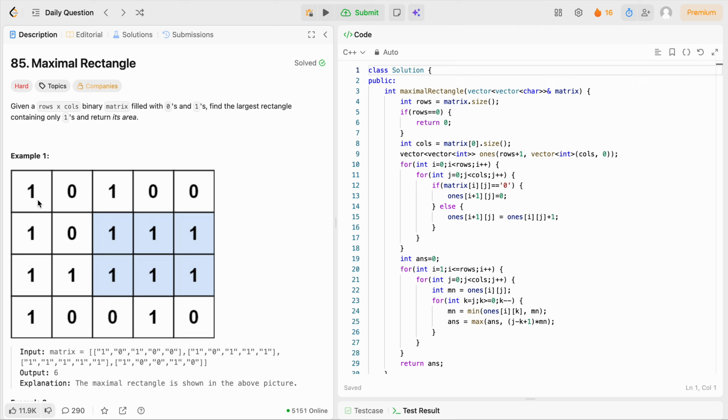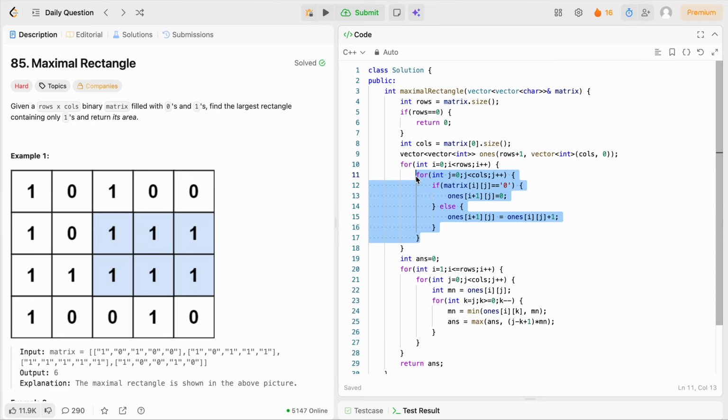To think about this problem, first we can calculate the number of ones in either row or column, right? For example, here we are calculating by the columns.